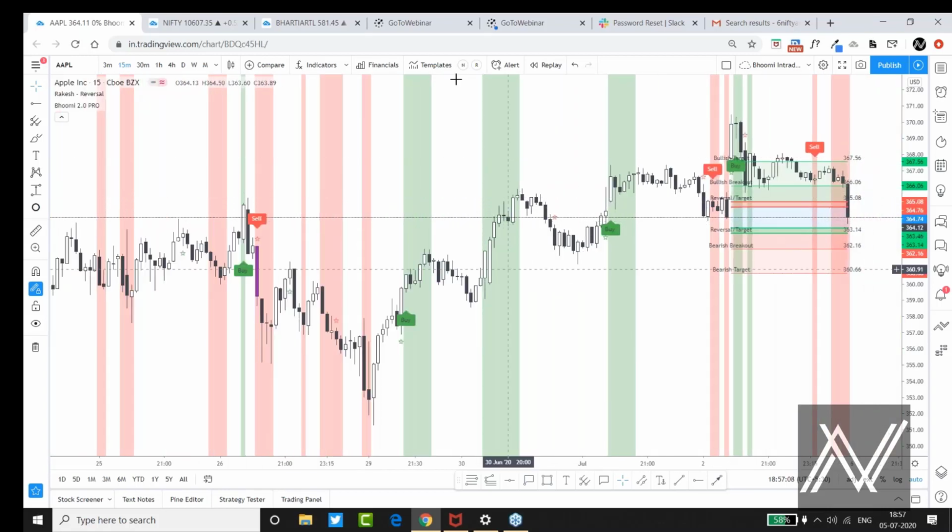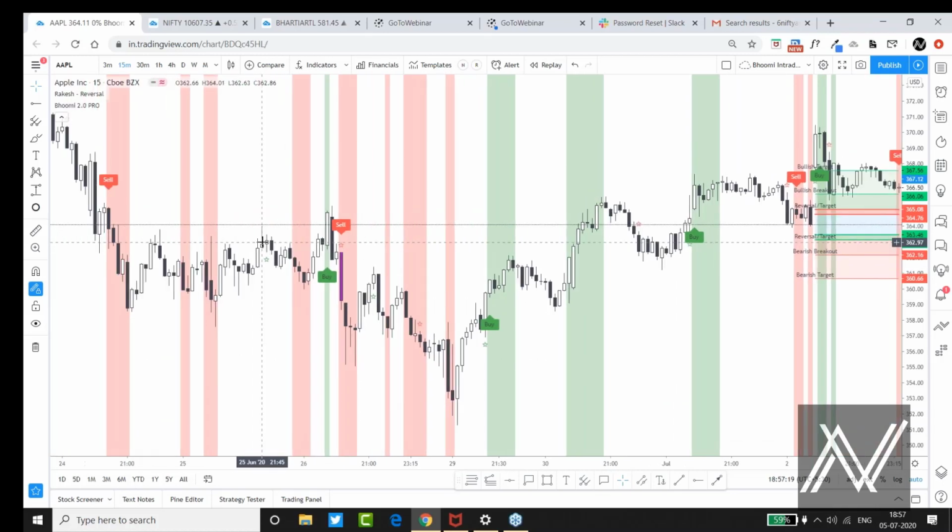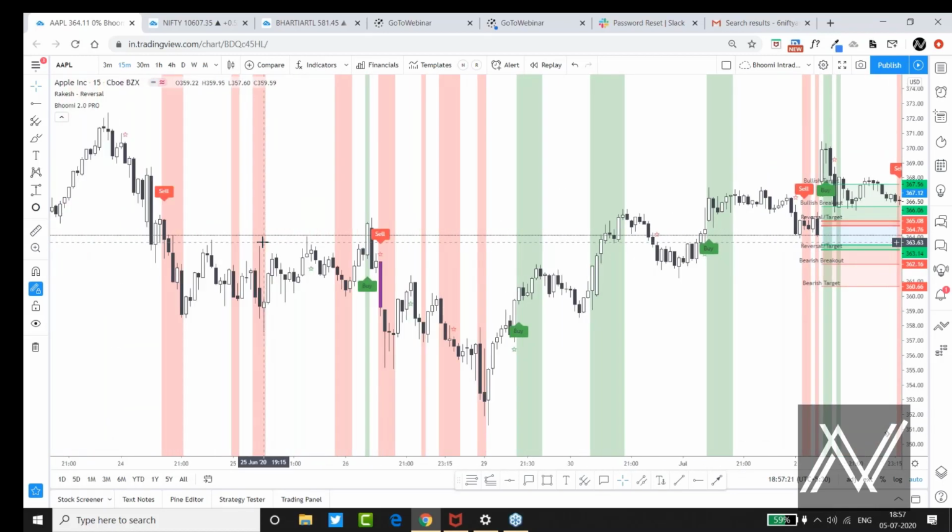Otherwise, I'll pick the default. I'm actually showing Apple stock, because it's a favorite stock of mine, and I love the company. So this is the sell signal generated in Apple, and this is how it goes when you're trading with BHOOMI Nasdaq. I am using BHOOMI 2.0 Pro that has admin access, that has all the code mixed in one, rather than me choosing and picking all the indicators.